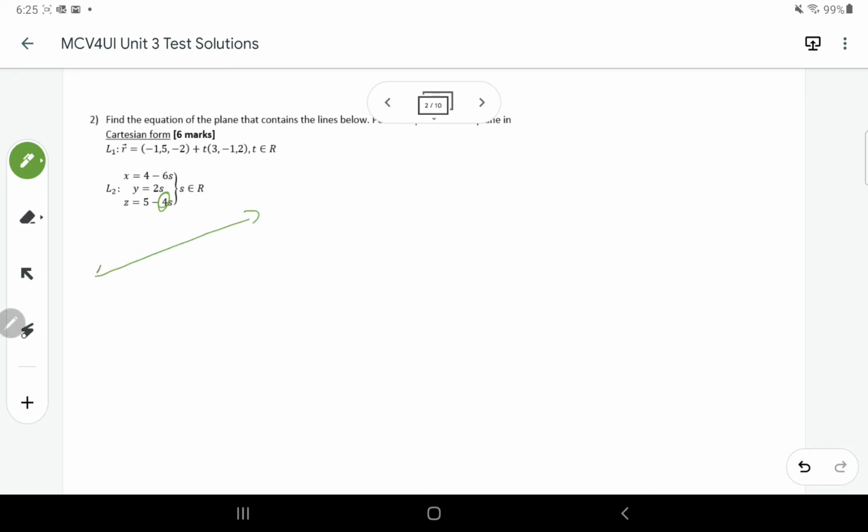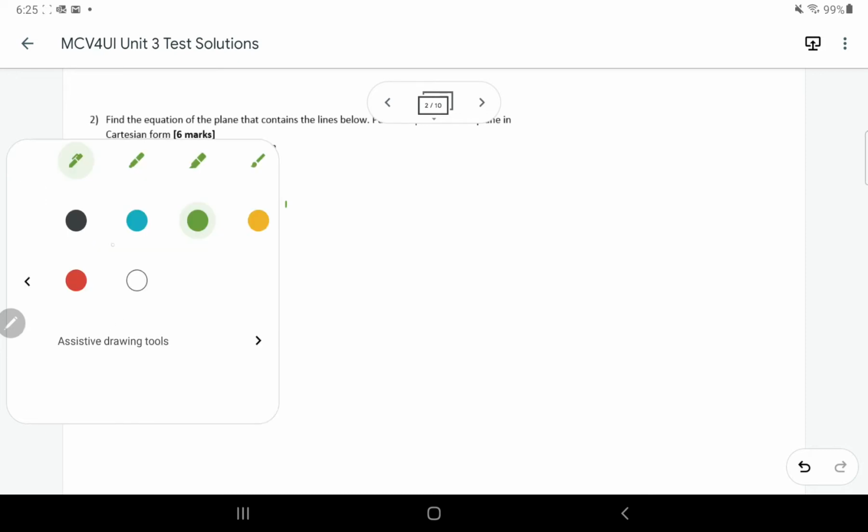So we see here that for L1, we've got a point which is (-1, 5, -2), and we have a direction vector along that line that's (3, -1, 2).